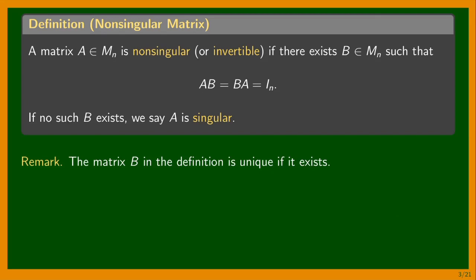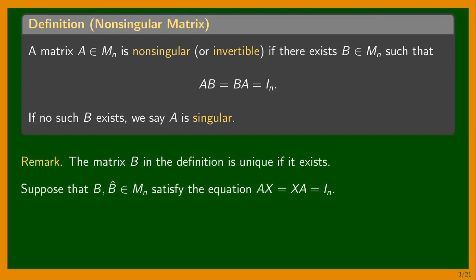To prove the uniqueness, we suppose that there are matrices B and B hat that satisfy the given equation for X. For example, if you put B in the place of X, or B hat in the place of X, then this equation holds. Our goal is to prove that B is actually equal to B hat, because we want to prove the uniqueness of B whenever it exists.